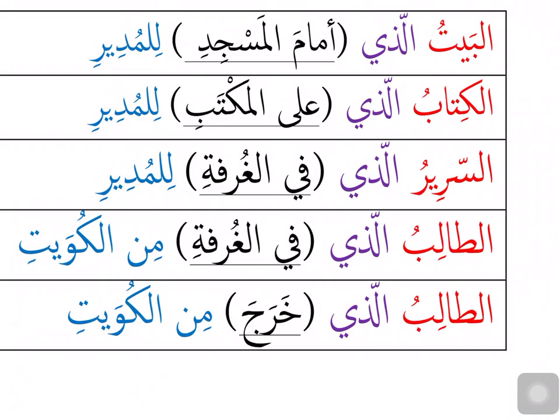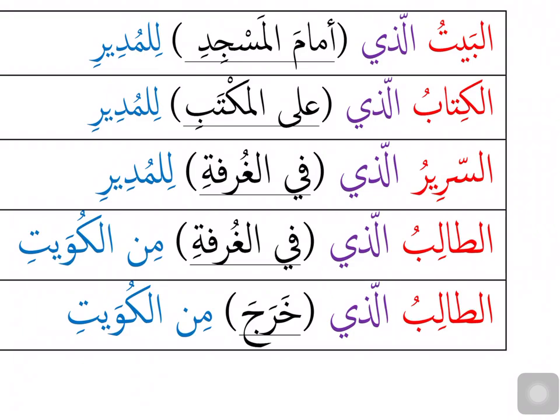I have to figure out where the sila ends. Any relationship between amama and al-masjidi? Yes. Al-masjidi is the mudaf ilayh for amama, so I keep it together with amama. Any relationship between al-masjidi and li of harf jar li? No. So the sila ends at al-masjidi. So alladhi has a sila amam al-masjidi. The house which is in front of the masjid.